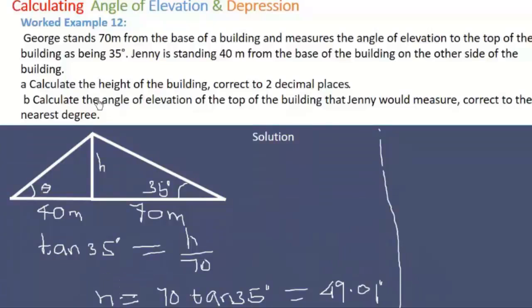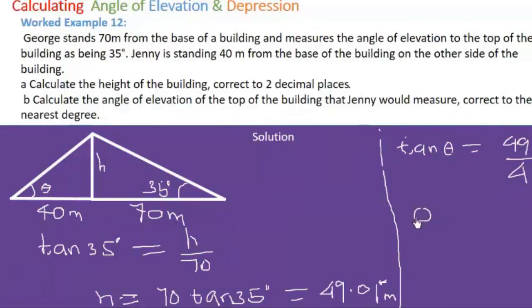Now the second part is we should calculate the angle of elevation of the top of the building that Jenny would measure. So that is theta. So this also involves the tangent ratio. So we have tan theta is supposed to be equal to the opposite, which is h, and h is 49.01 over, this is actually meters, not degrees, 49.01 over 40 meters.